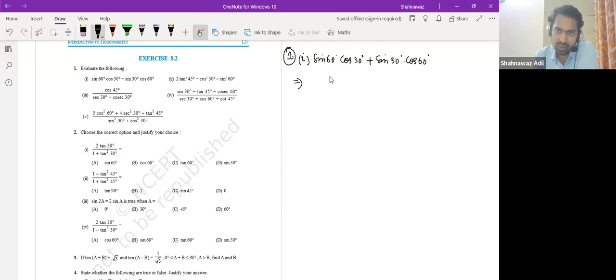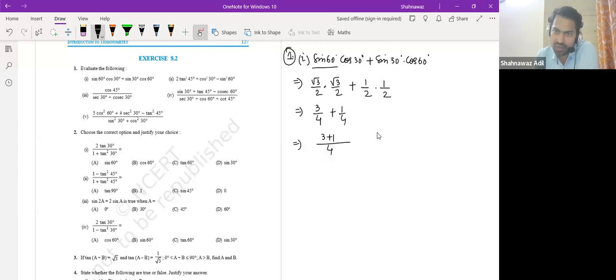Sine 60 is root 3 by 2. Cos 30, remember that sine 60 is equal to cos 30, so this is again root 3 by 2. And sine 30 is half and cos 60 is also half. So this is 3 by 4 plus 1 by 4. So 3 plus 1 is 4 by 4, which is 1.